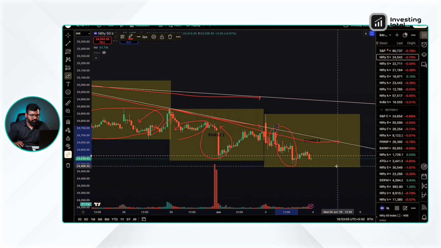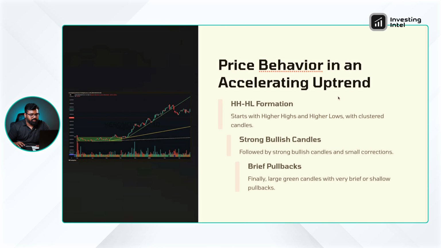Plus the decay of an option, which is a big concern for the option buyer, also gets eliminated and it helps you. Same way, price behavior accelerating in an uptrend helps us gauge momentum and trend.